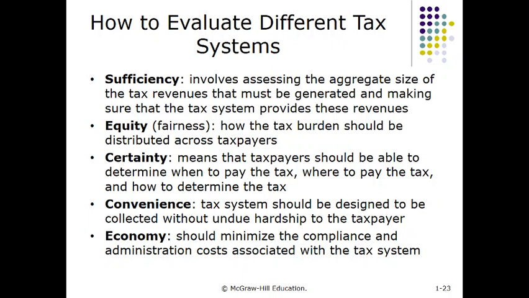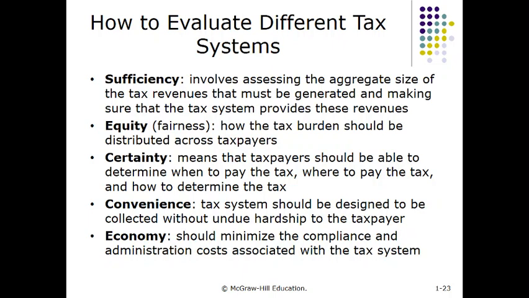What's not so certain is how to determine the tax, and this is where people gripe about the complexity of the tax system. If your taxes are fairly complex, you have to hire a tax expert to help you determine the amount of taxes you owe.